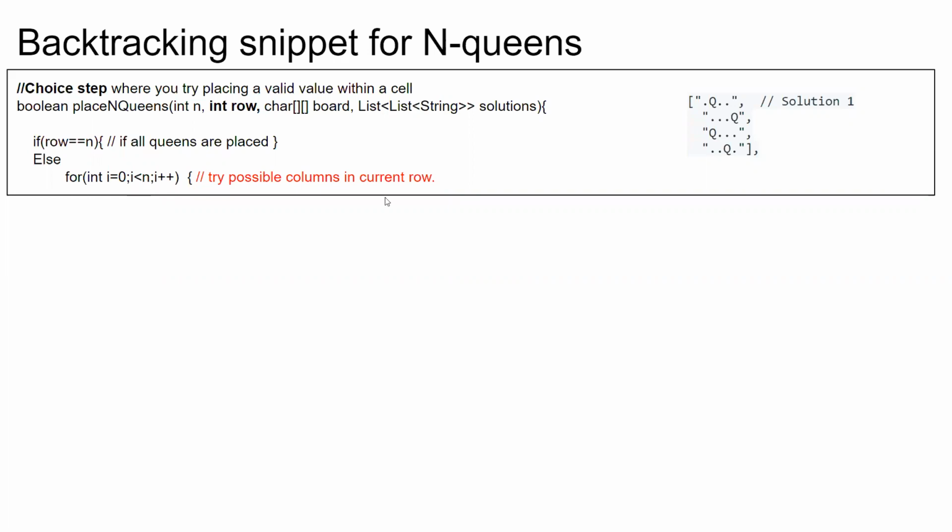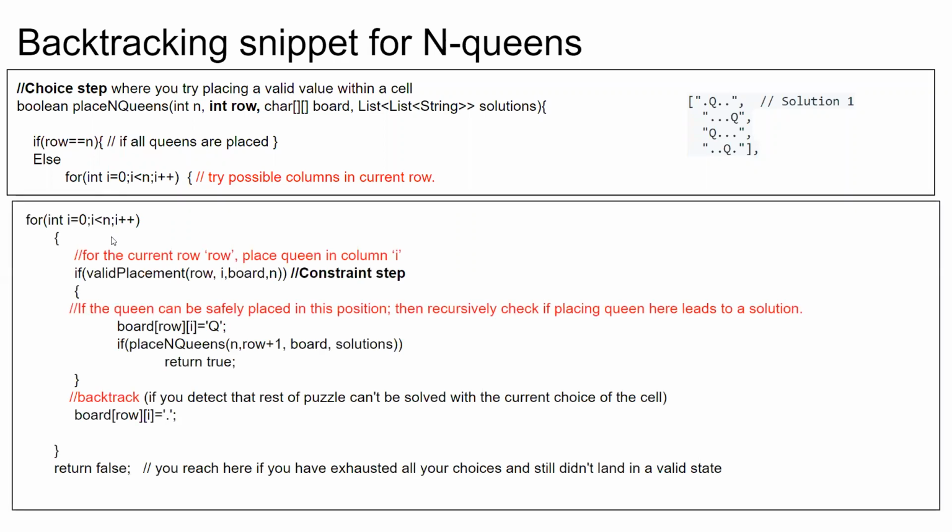And then the next thing I do is I start with i equals 0. I check if that's a valid placement, right? I'm passing the current row, the column that I'm trying to place it on, the board and the n value. If it turns out to be a valid placement, by valid placement, I mean there are no attacks, right? Based on the column, row, and diagonal conflicts. So if there are no conflicts, then I place the queen in the position.